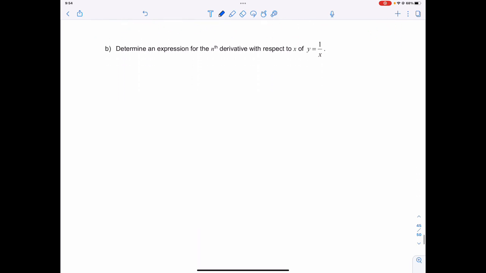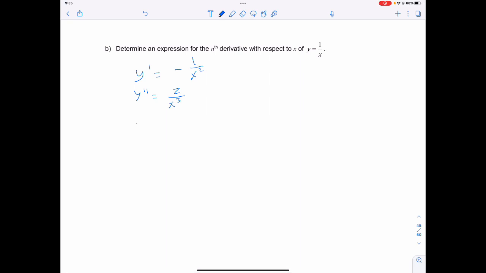So, if we're determining an expression for the nth derivative with respect to x of y is equal to 1 over x, then we can say that y prime is just negative 1 over x squared. We can say that y double prime is equal to 2 over x to the 3.